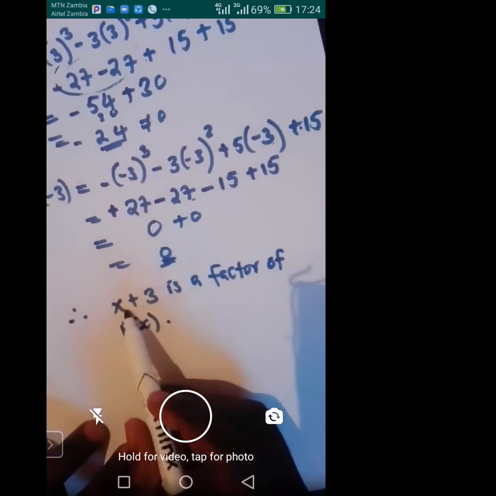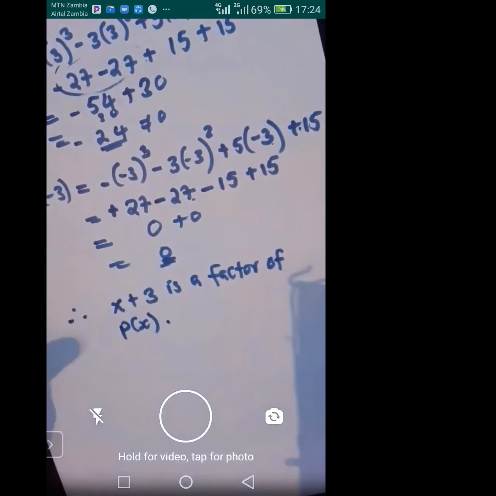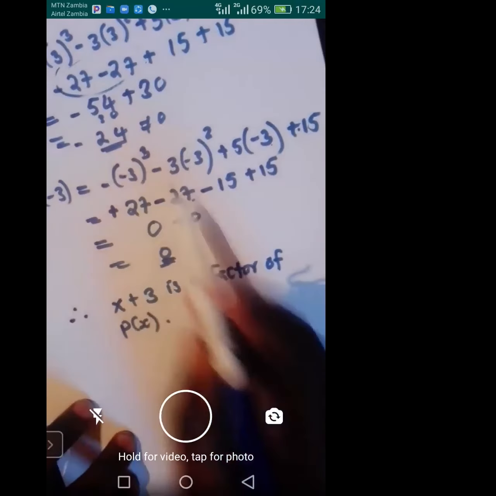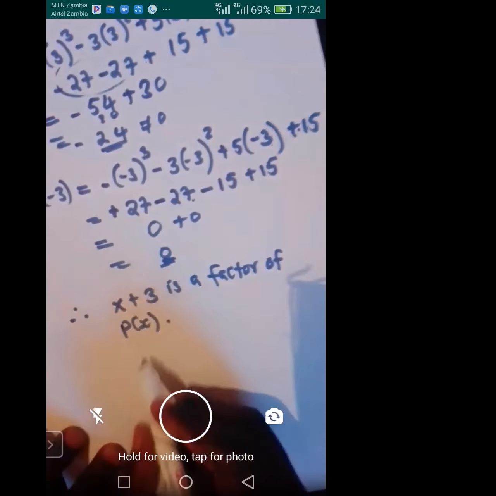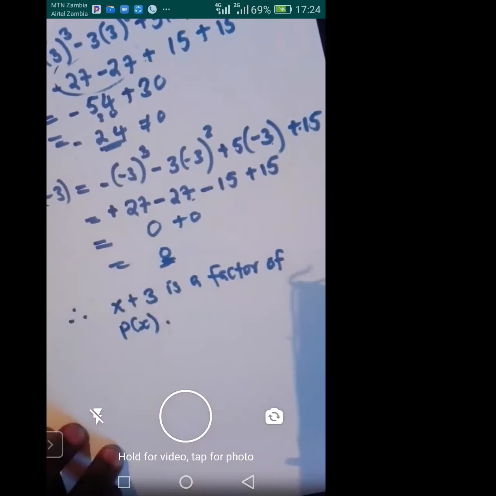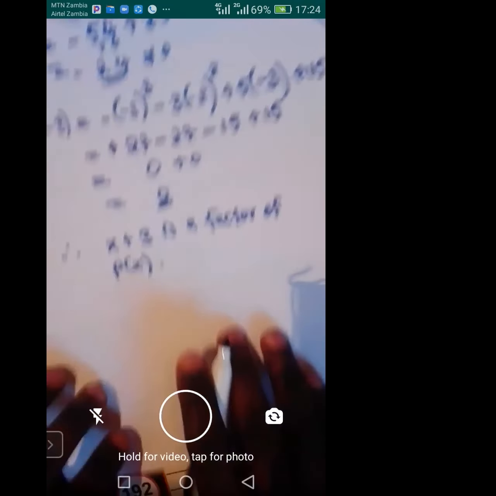Since x plus 3 is a factor, to find the other factors, we are looking for the zeros, the x-intercepts. So x plus 3 is one factor. So we are going to use x plus 3 and divide it into the polynomial given. Okay, let's use long division here.